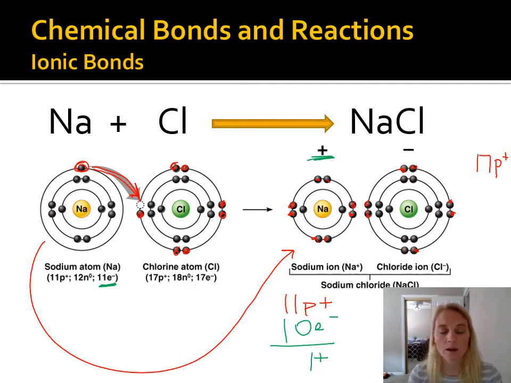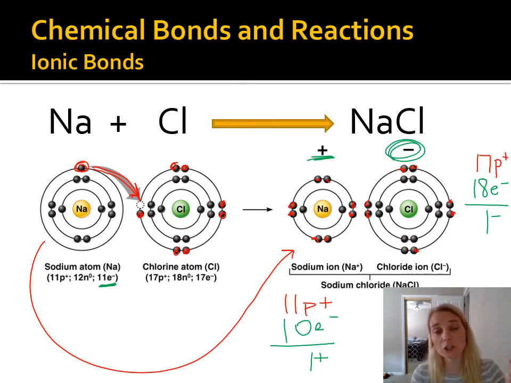Okay? Chlorine had 17 protons, always has 17 protons, has 17 electrons, but it gained 1. So it now has 18 electrons. So what is its net overall charge? You have 17 positives and 18 negatives. You have 1 more negative charge, so it becomes a negatively charged ion.